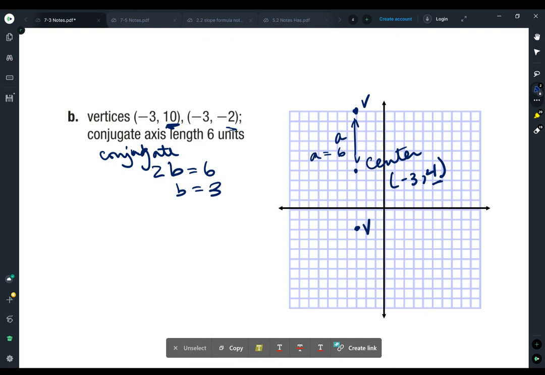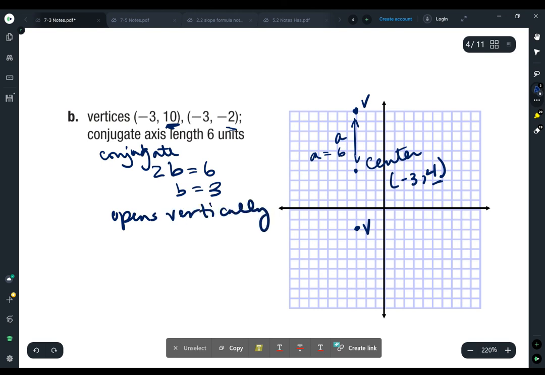Because these are located vertically, it's going to open vertically. So y is first, because I can draw a vertical line through my vertices. If they were on a horizontal line, I would have x first. So I'm going to have y minus, my y value at my center is 4, so y minus 4 squared.